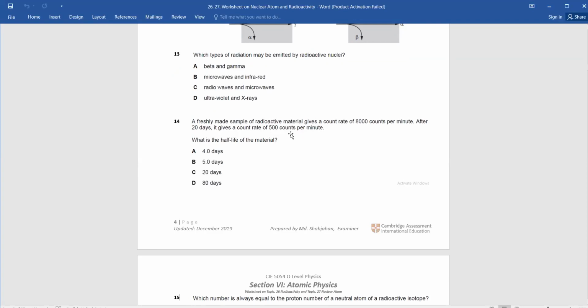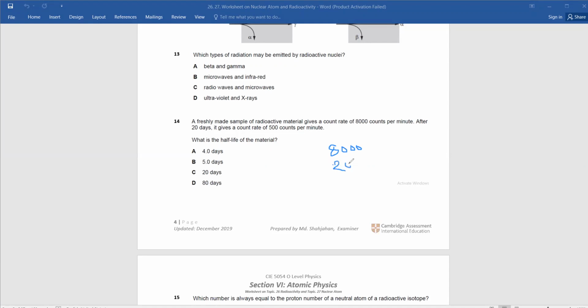You should find. 5 days, meaning B. Yeah, you are getting 8,000, then 4,000, then 2,000, 1,000, then 500. How many half-lives? 4 half-lives.